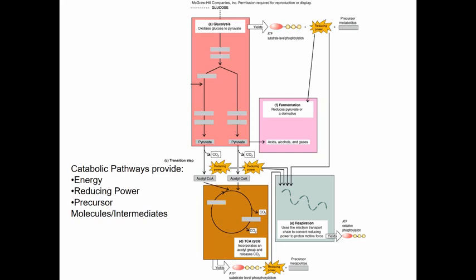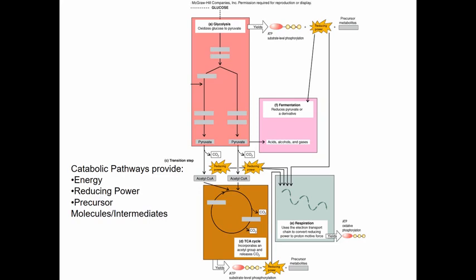All of your reducing power is going to get funneled into either respiration or fermentation, into the electron transport chain. So if you see respiration on the end, it means it's got an electron transport chain. So we make ATP directly, but we take all of these little Ubers and we put them all together to make more ATP in the end. It's a way of being efficient with the cell's energy source, okay?